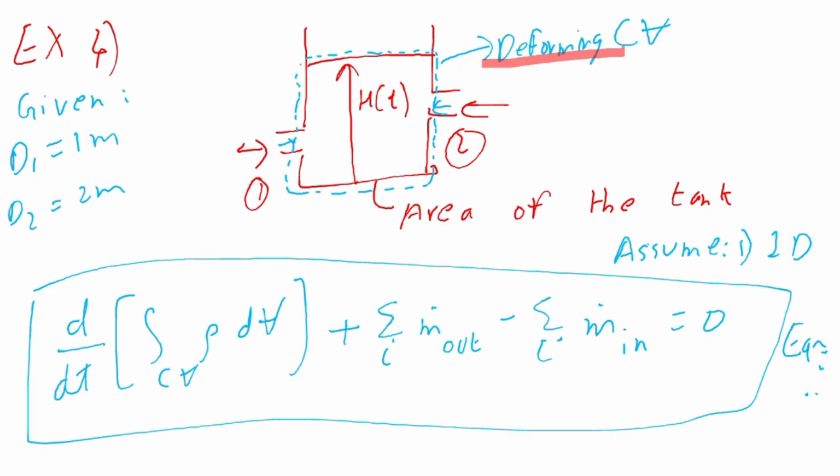You've been given the velocity v1 as 2 meters per second and velocity v2 as 5 meters per second. The cross-sectional area of the tank is given to be 10 meters square. Okay, so from here on it should be a bit straightforward.